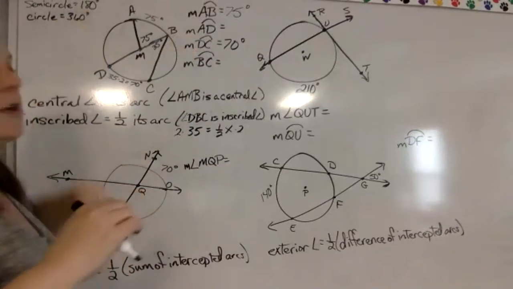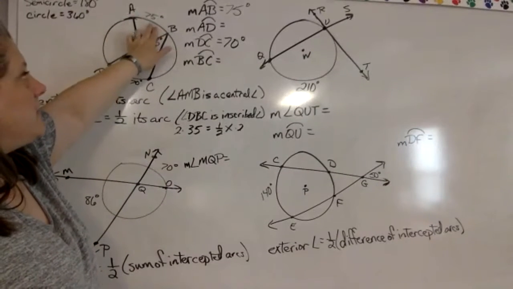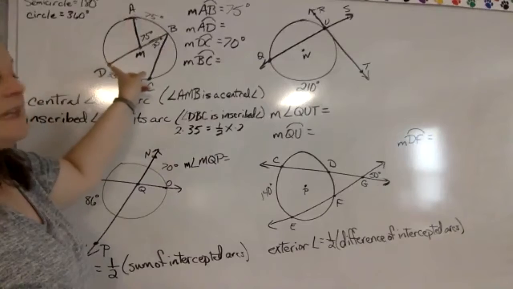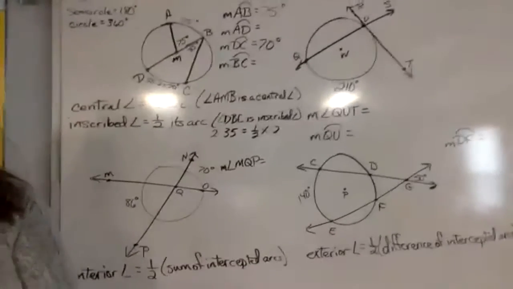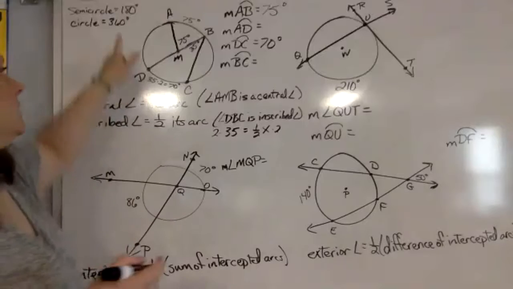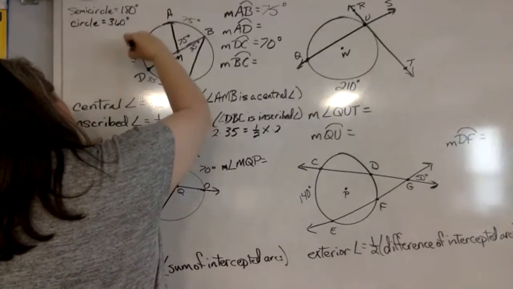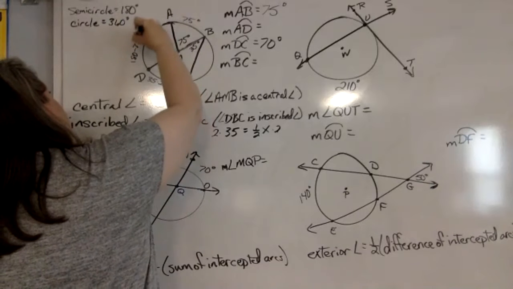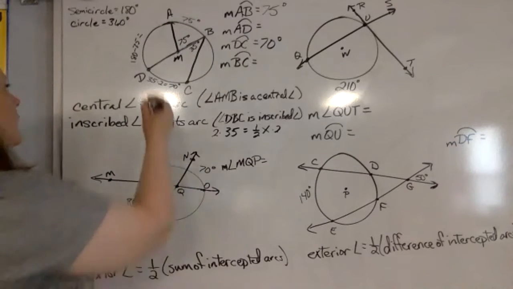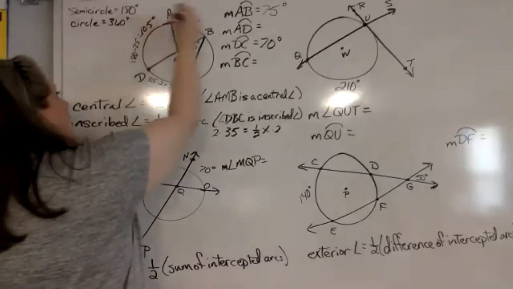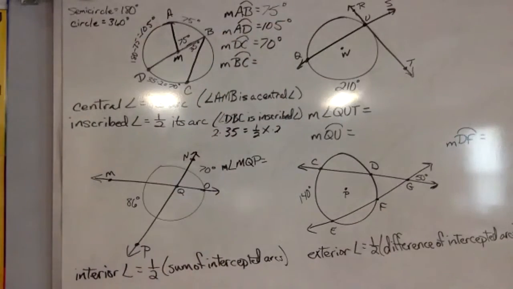So we know it equals 180. So if I know this arc from A to B was 75, to find from A to D, I can just subtract it from what? 180, because that's half the circle. I'm going to take 180 minus 75, and get that arc's going to be what? 105 degrees. So arc AD is 105 degrees.